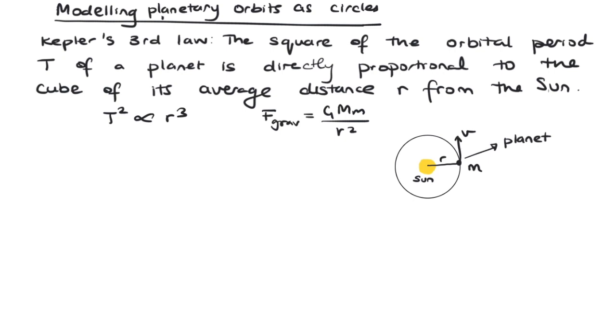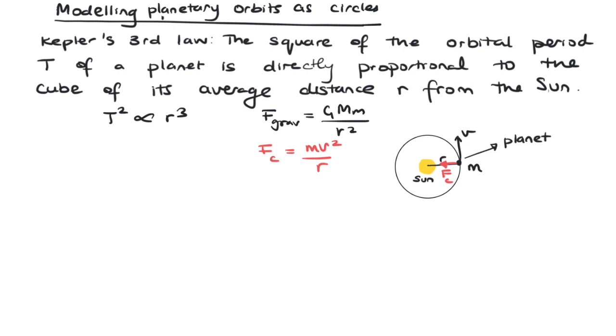And we also know that as this planet is moving in a circular motion, it will have centripetal force towards the center. I'm just going to call it Fc, and that force is given by mv squared over r. So in order for the planet to go in circular motion and be attracted to the Sun, these two forces are equal to one another.